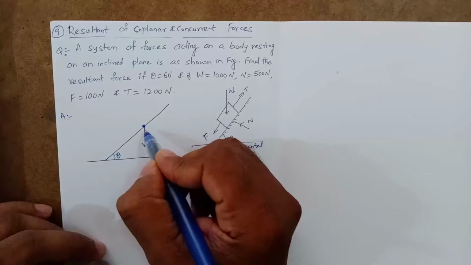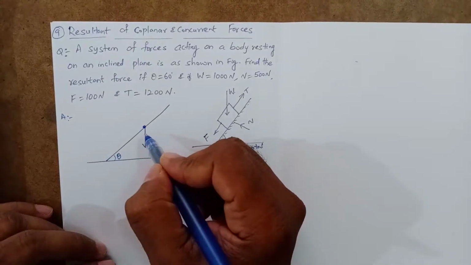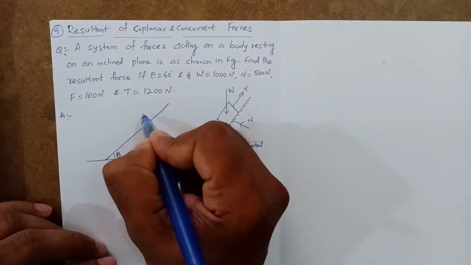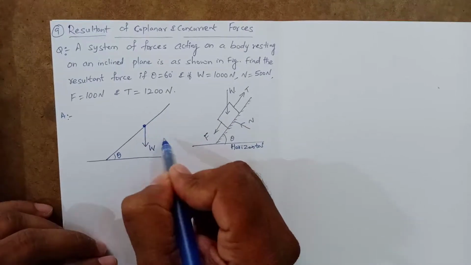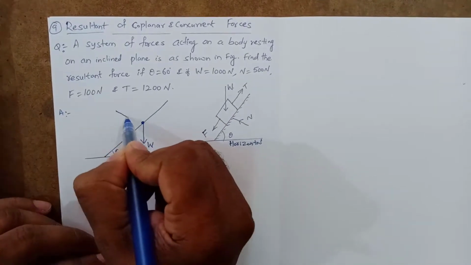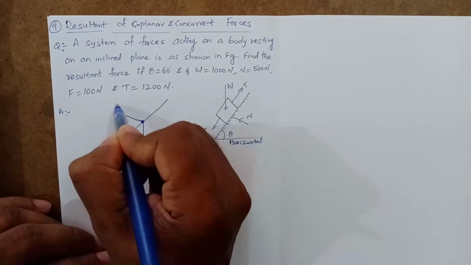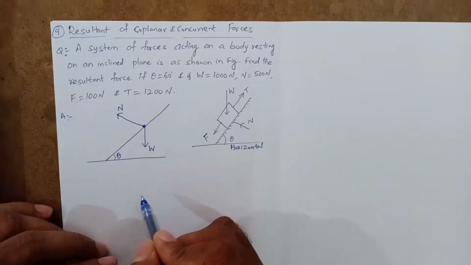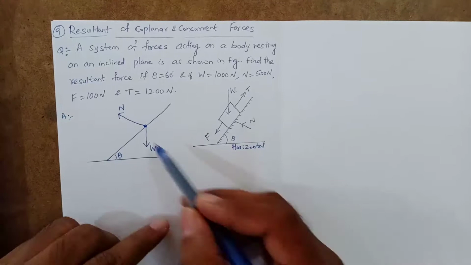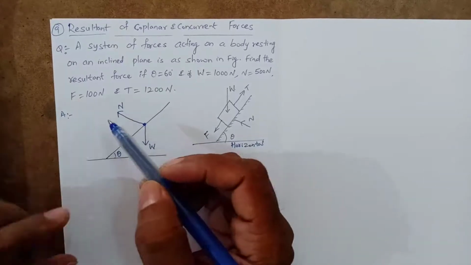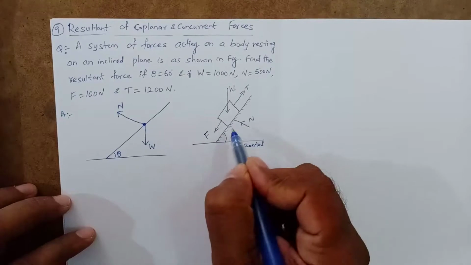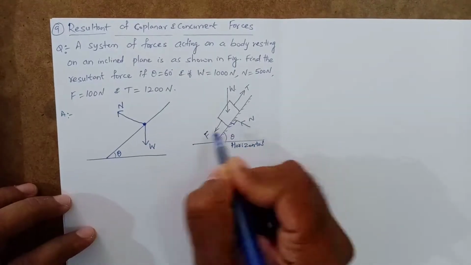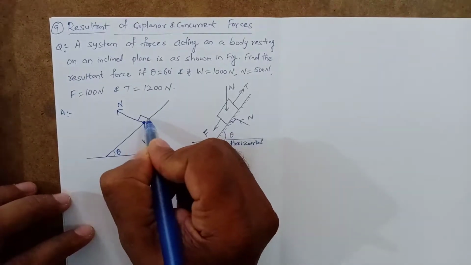And N, see I am applying here the law of transmissibility. Either you can show from here to here W, both are the same. N is acting here, or I can show like this also, applying the law of transmissibility. Instead of pushing, it's like a pulling force. Both are the same. Now this angle is 90 here, so this implies that this angle also is 90.